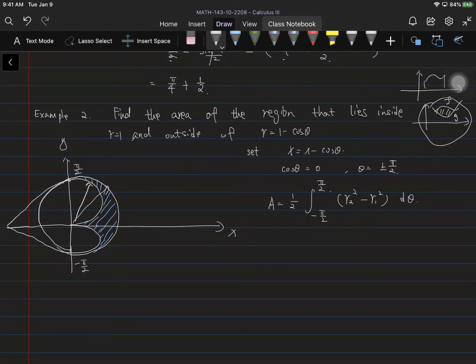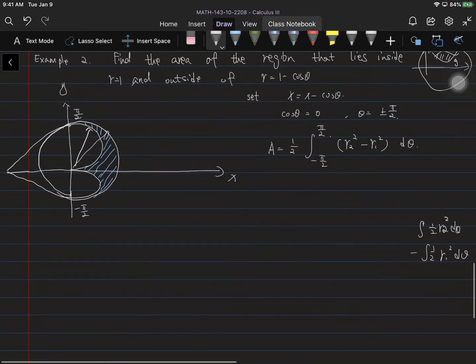Is that correct? Because it's kind of like the integral of r2 squared d theta. That's the outside area, and then minus the inside area. And then if we combine them together, we get that one. Okay, 1/2 times r2 squared minus r1 squared.